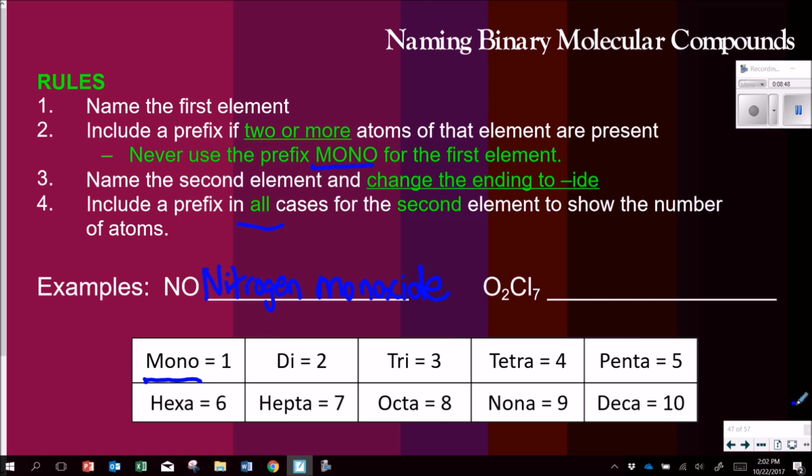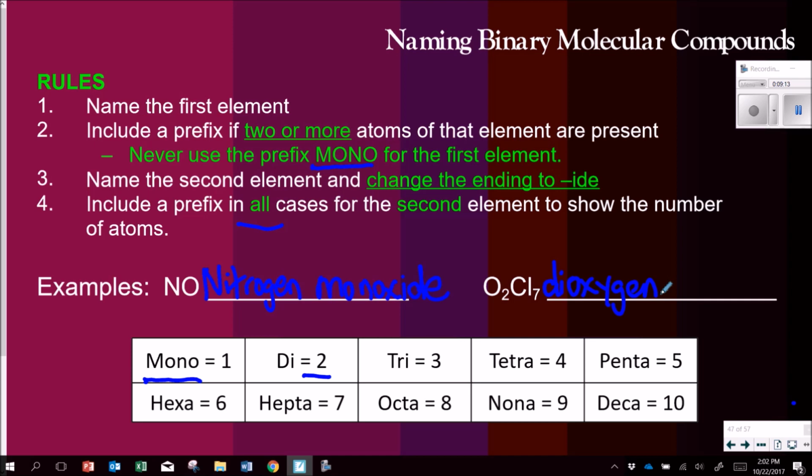Our second example is O2Cl7. So we name the first element, it is oxygen, and we include a prefix if two or more atoms of that element are present. We have O2, so 2 is di, so I have to say dioxygen. Then I name the second element and change the ending to "ide."